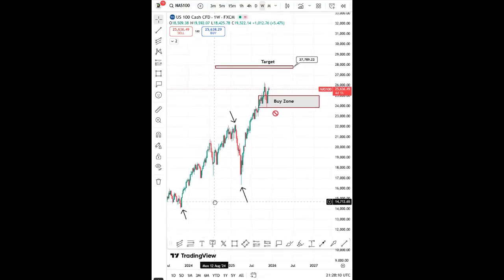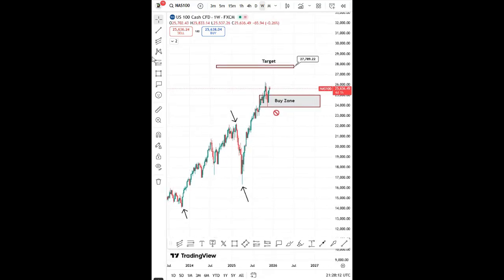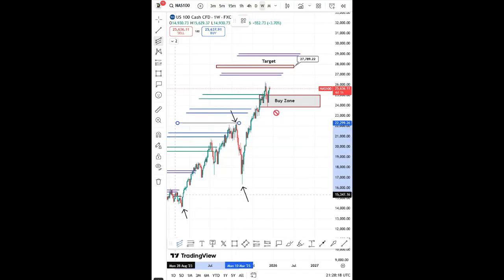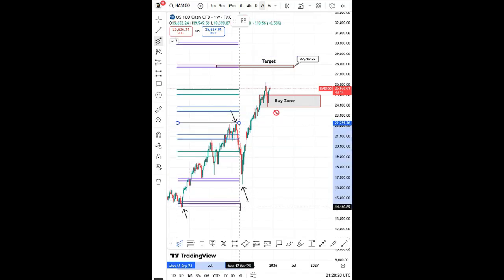Now, let's analyze the price action a bit further. Since this buy zone is likely the final phase of this bullish movement, we can estimate the win rate for this specific leg to be between 40% and 50%.